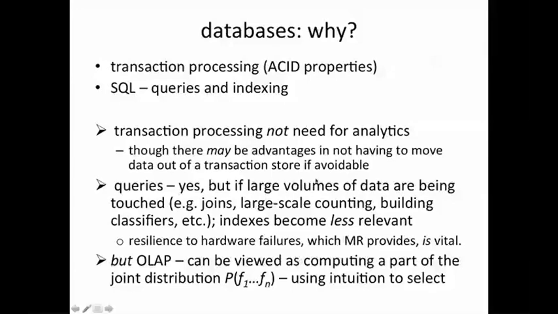If you have large volumes of data being touched, you don't need indexes, but if you want to find out pieces of the joint distribution using OLAP queries and human intuition, you do need indexes. And it is this dichotomy which is driving most of the debate in big data technology above, say, the basic distributed file system layer.